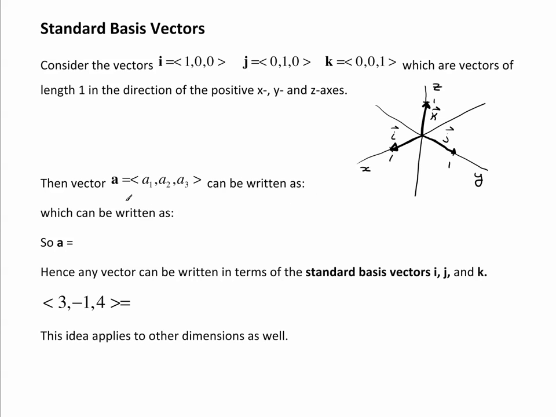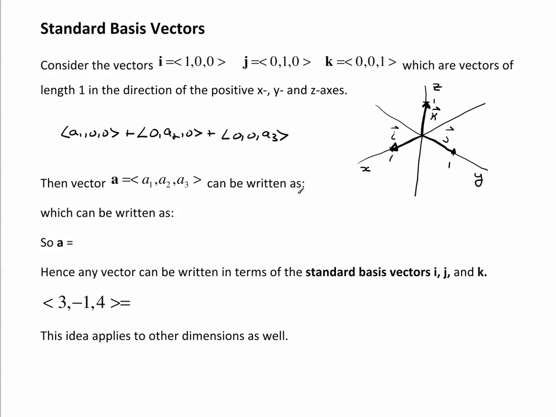So the vector A, which equals A1, A2, A3, can then be written as A1, 0, 0 plus 0, A2, 0 plus 0, 0, A3. So just by adding these components, if I take all 3 of these vectors and add the components, I will get vector A back, just as written here.